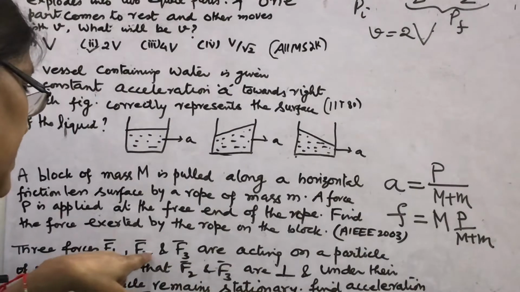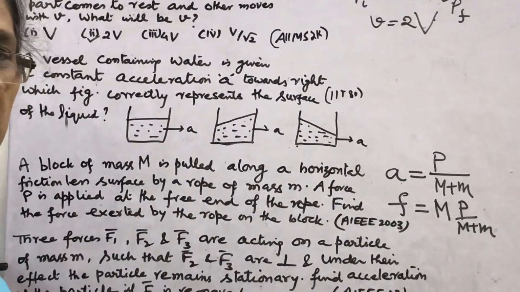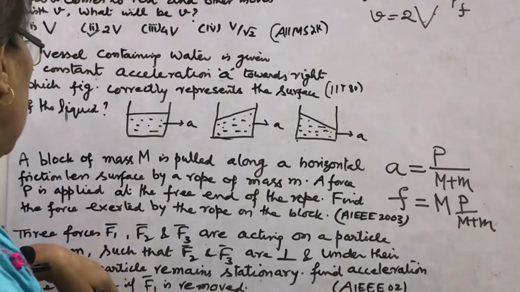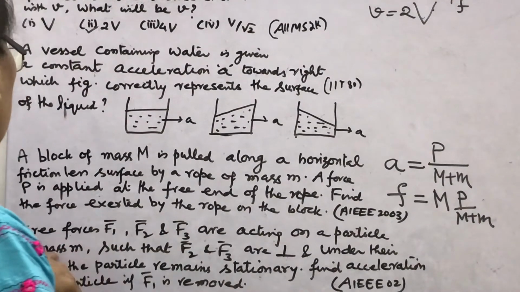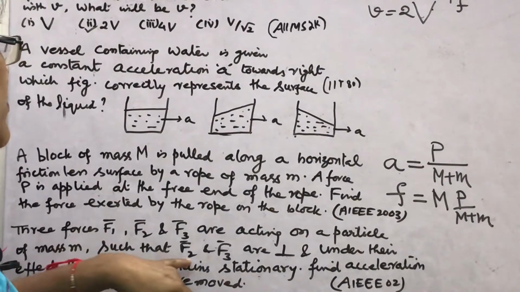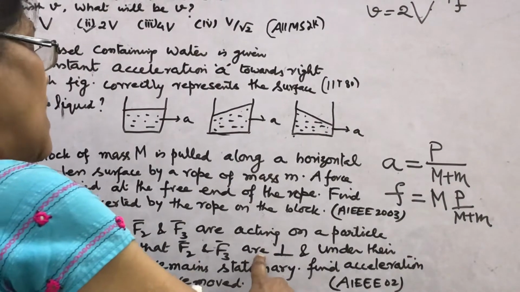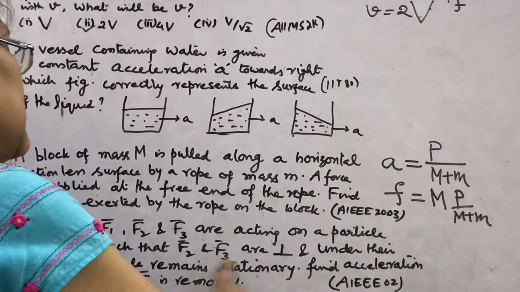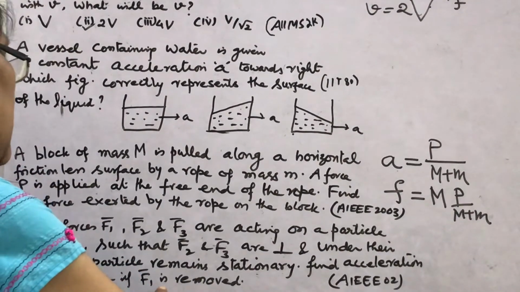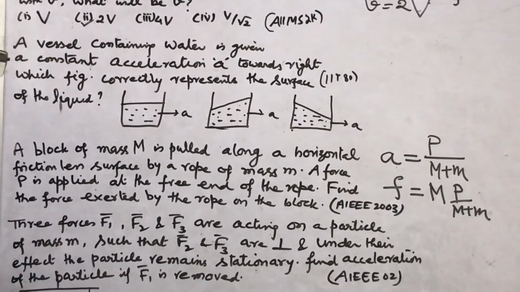Here F1, F2, F3 are three forces and they are acting on a particle of mass m. F2 and F3 are perpendicular. How will you find the acceleration of the particle if F1 is removed?